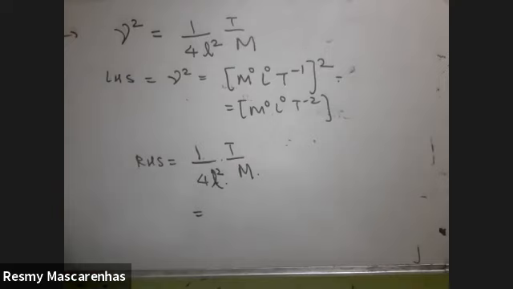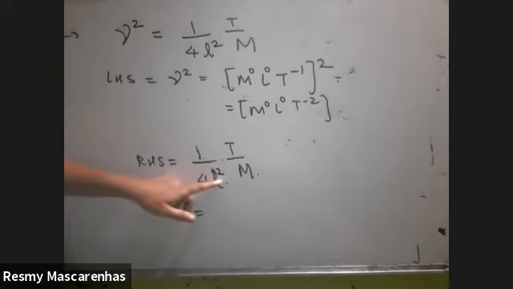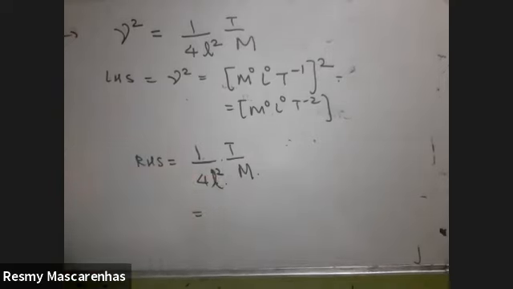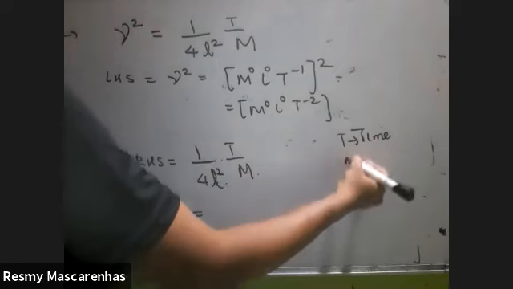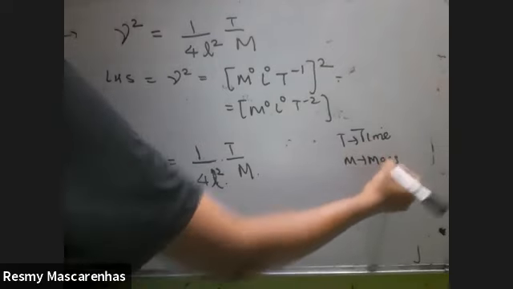This is right hand side. Now here, don't take L as a constant. I have not told you what it means. The formula is for frequency. This is time, this is mass, L is for length.